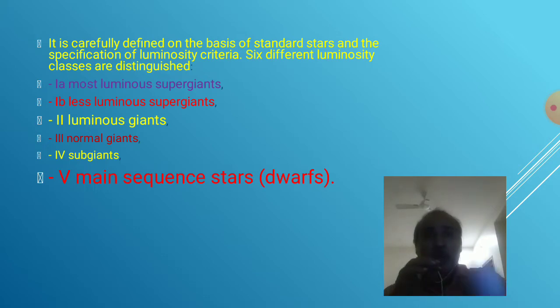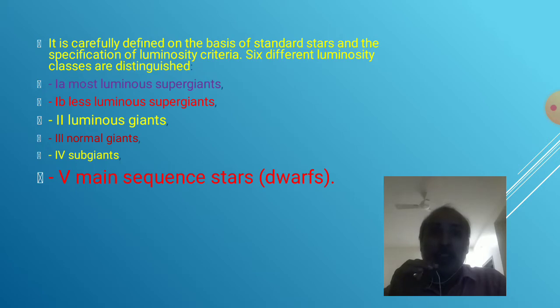Here, first, Roman number IA means most luminous supergiant stars. IB means less luminous supergiant stars. Second means luminous giants. Third class, normal giant stars belong. Fourth class, subgiants belong.